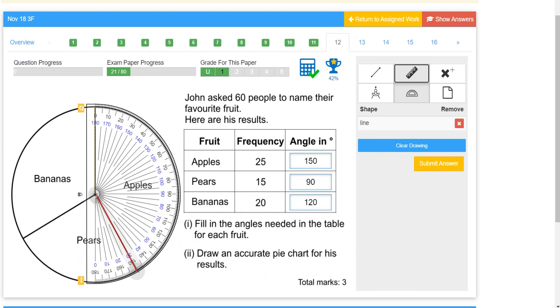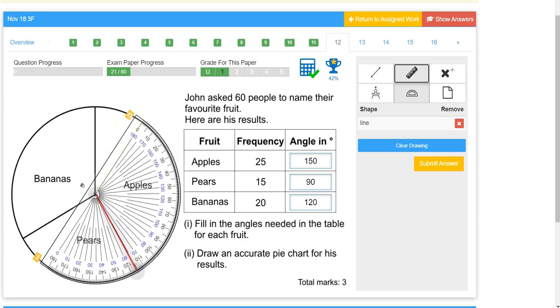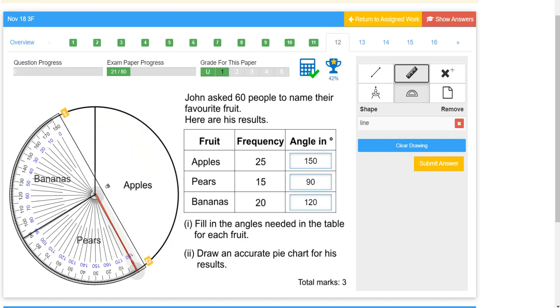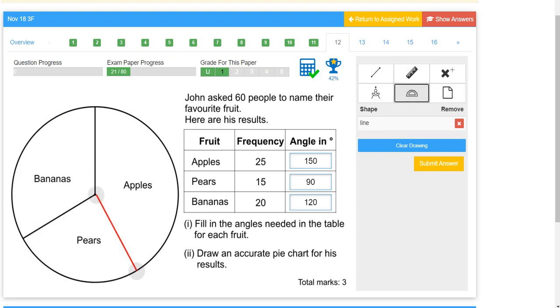If I take that, that should give me 90 degrees for my pears. It looks right. Let's take it down and just double check. There's my 0, and there is my 90. So I think that yes, we have got that correct.